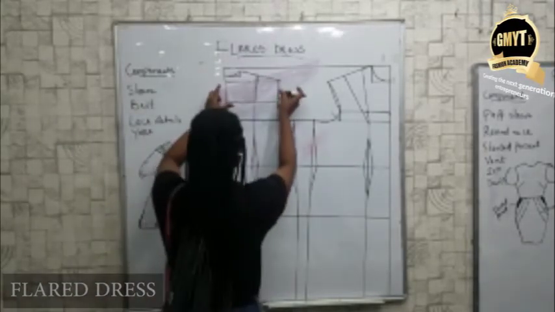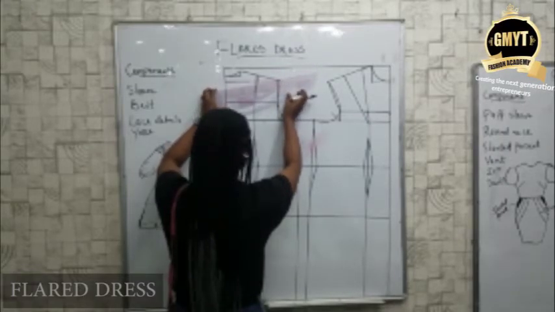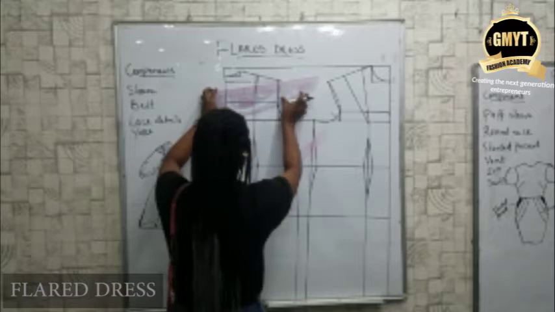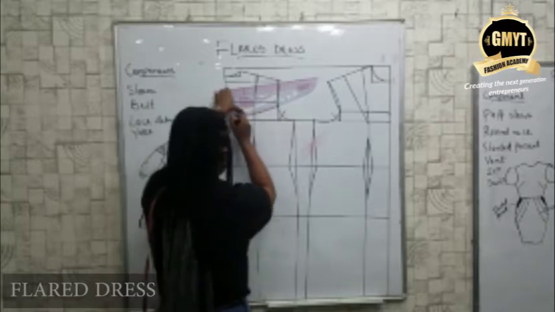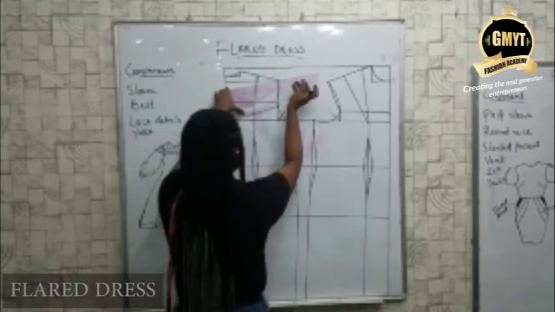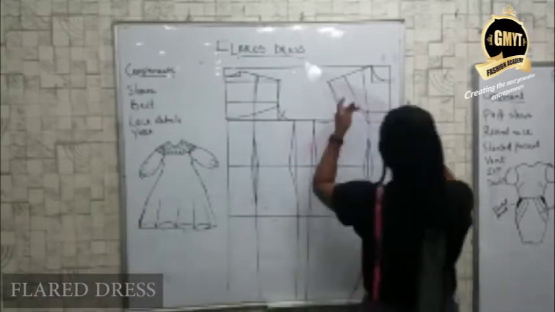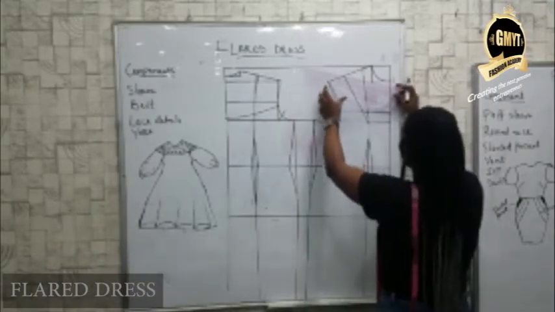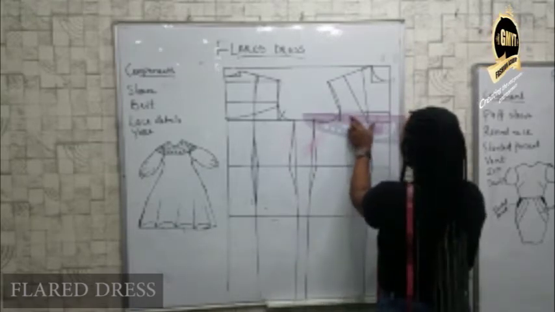Now see the connection. You see, I'm connecting my back like that. This is my yoke for the back. And I'm doing my yoke for front.